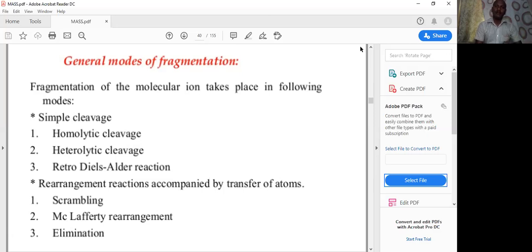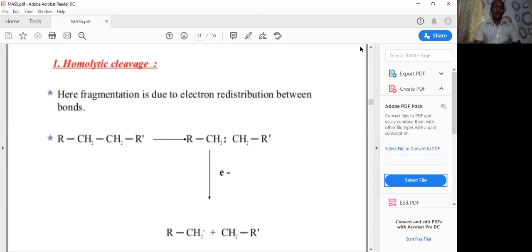The only thing you have to remember is that only charged ions will be detected by the mass spectrometry detector. It will not detect any neutral fragment or radicals. Only charged ones, either positively or negatively charged, either a molecular ion or a fragment ion.